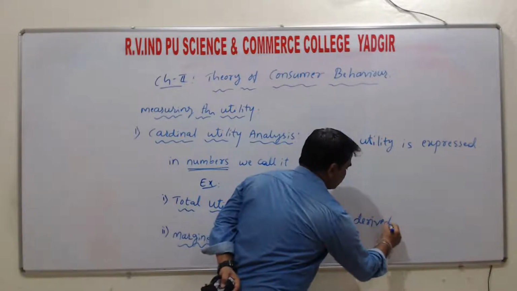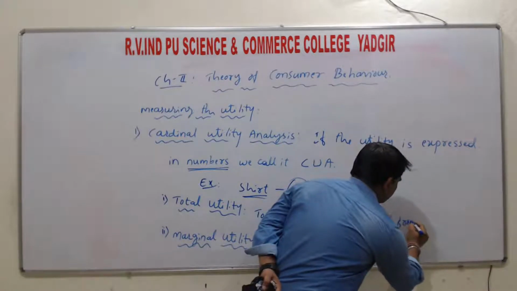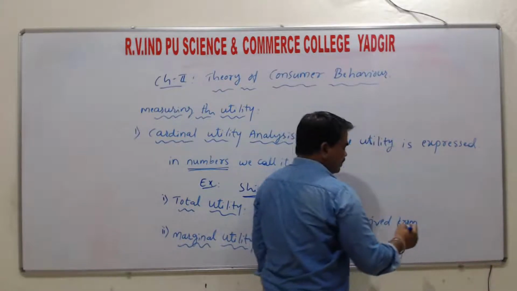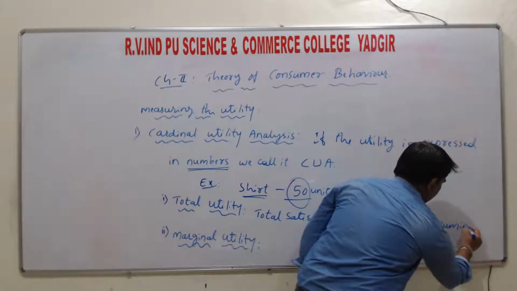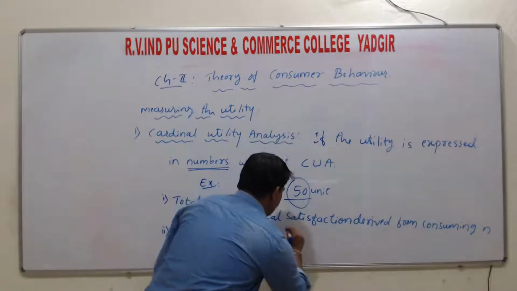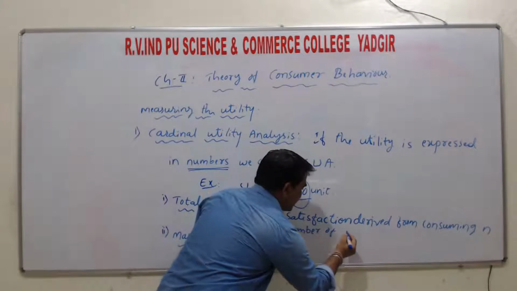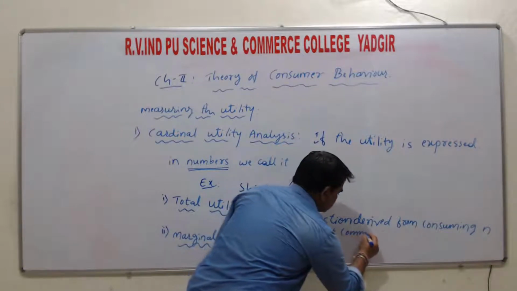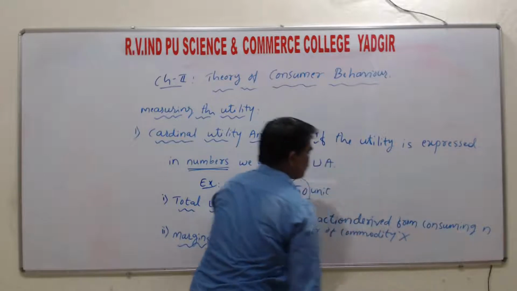derived from consuming n number of commodity X. Okay?